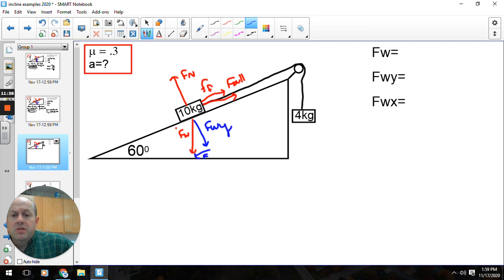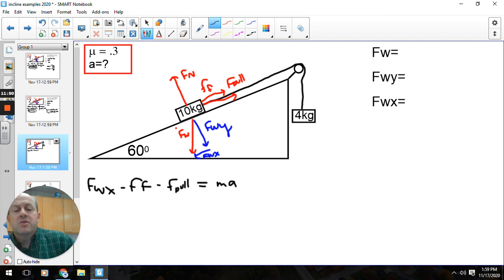Which means our formula is going to be force weight x minus force friction minus this force of pull, and that's going to equal ma, or 0. Well, we think it's starting at 0, so if it moves at all, it's going to be accelerating. Therefore, it's going to be equal to ma.